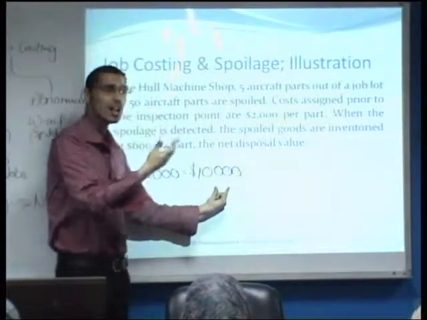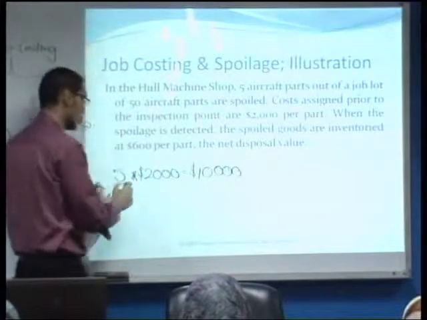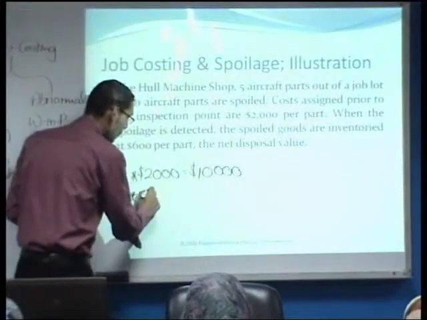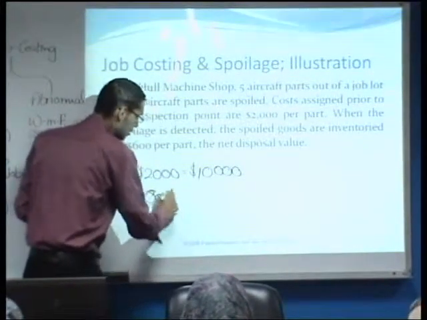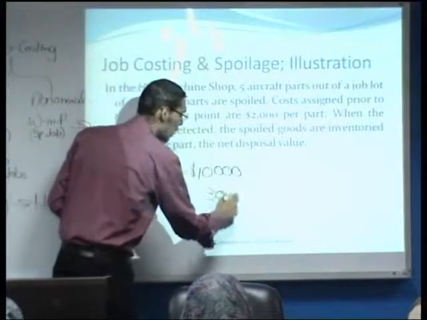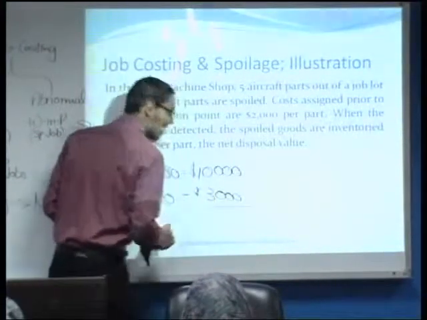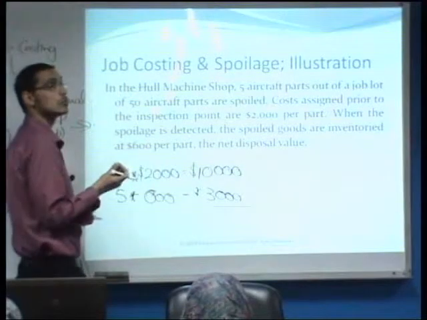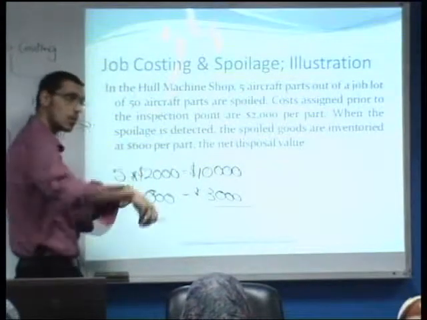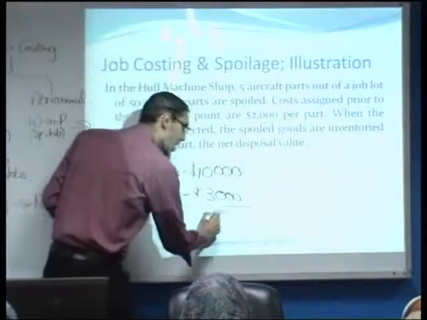Of course not. Why? Because we have a disposal value. We have a disposal value of 600 per part, therefore 3,000 in total. Therefore, the correct amount of spoilage that should be carried within this work in process account is only 7,000.